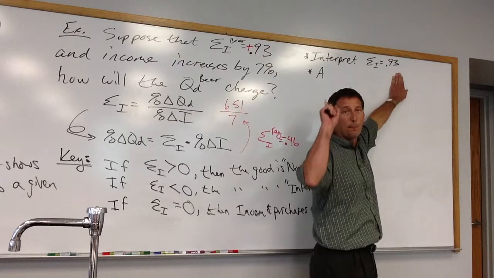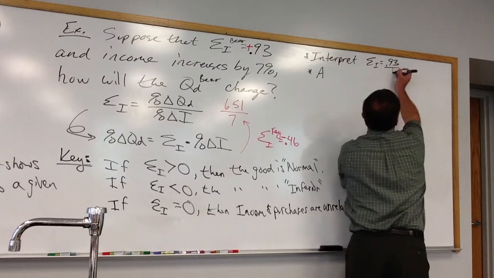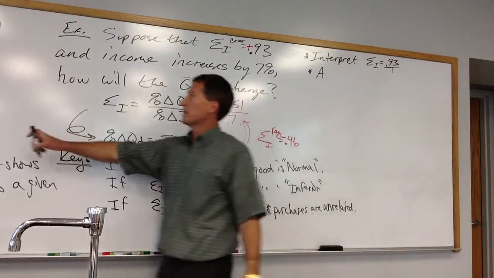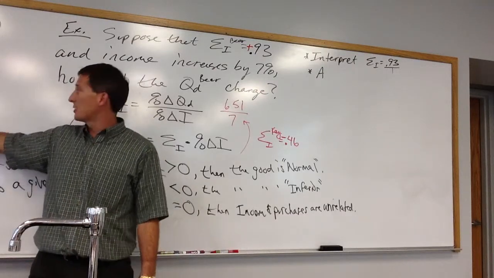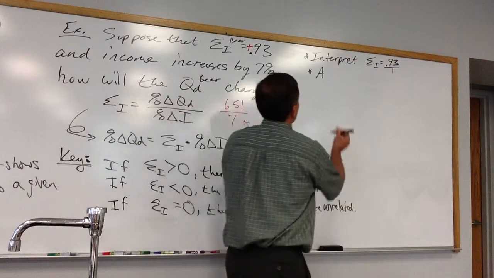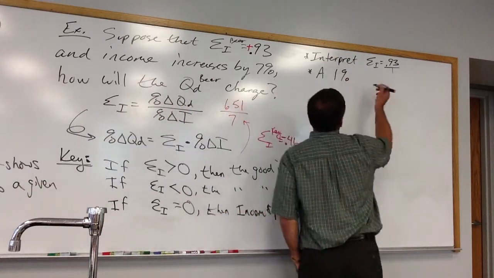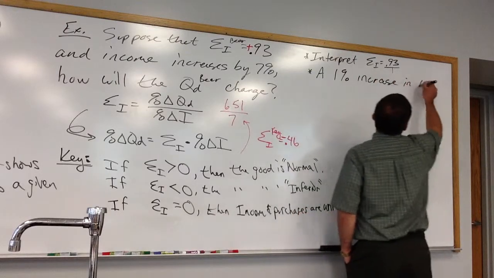Put it over 1. So if we put that over 1, and now look back to your formula, a 1% increase in income leads to a 0.93% increase in quantity demanded.